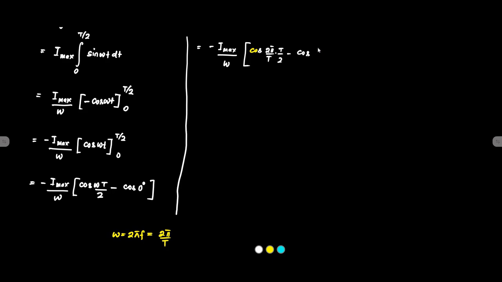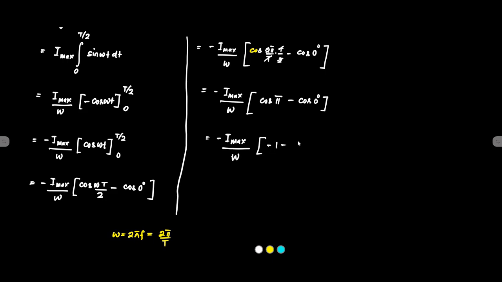Here T gets cancelled, this 2 gets cancelled, so this becomes minus Imax by omega, cos pi minus cos 0, which is equal to minus Imax by omega into minus 1 minus 1, since cos pi is minus 1 and cos 0 is 1.